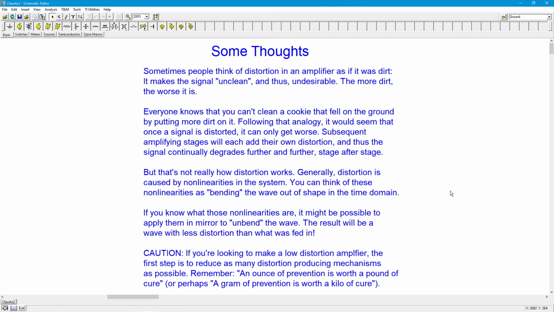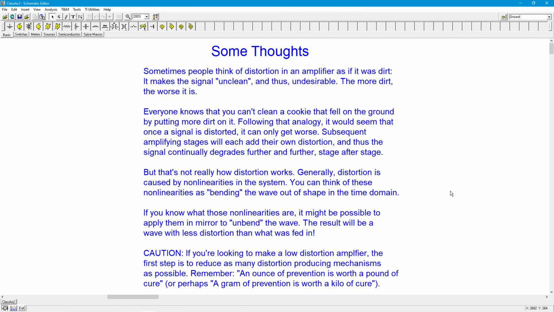And when you pass a signal into it, it bends, so to speak, the output wave. And we call that distortion. If you sort of bend something in the time domain, you also alter it in the frequency domain. And we know that if you distort a signal, you add harmonics. That's what we were looking at just a moment ago.